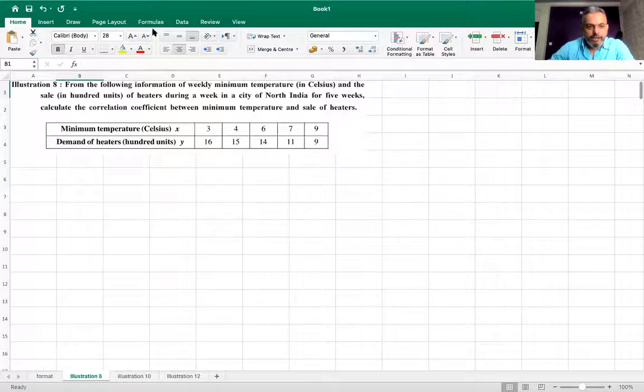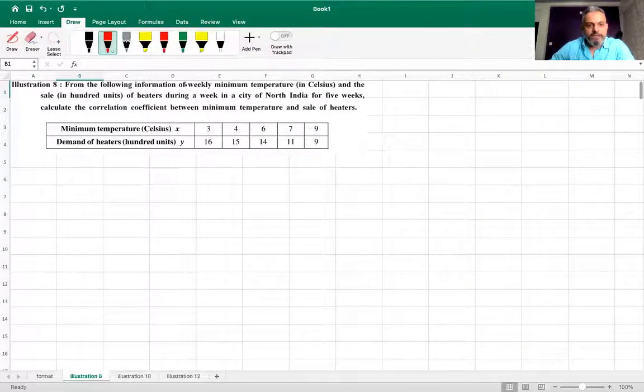From the following information of weekly minimum temperature in Celsius and the sale in 100 units of heaters, that is, minimum temperature and sale of heaters. If the temperature decreases, that is, the cold increases, then how much impact will it have on heater sales during a week in a city of North India for 5 weeks. Calculate the correlation coefficient between minimum temperature and sale of heaters.